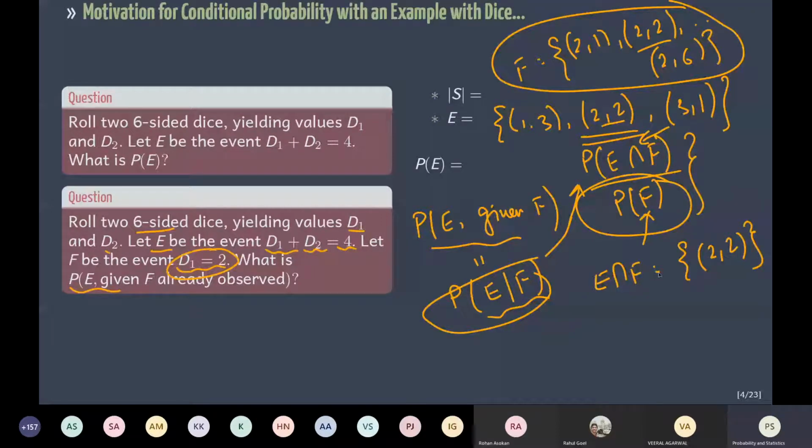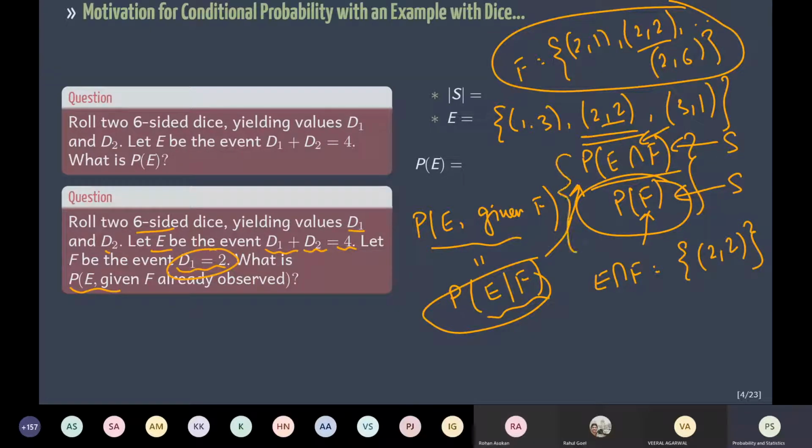Now you can use this to determine the probability of E given F. So the probability of E given F is (2, 2) over the sample space, and this is also measured over the whole sample space.